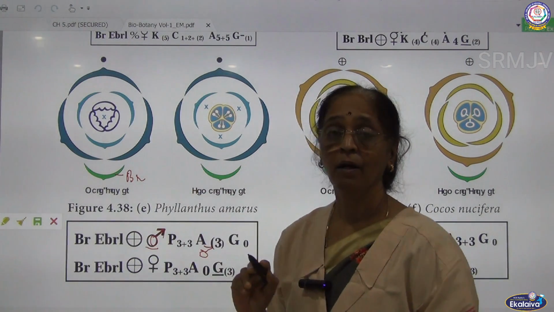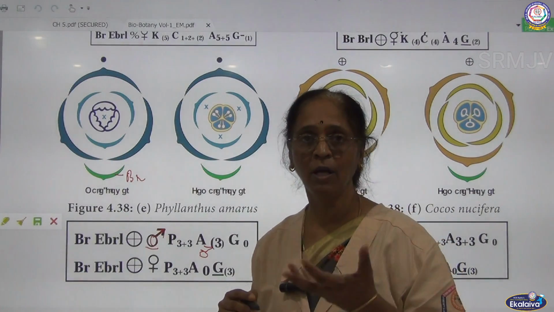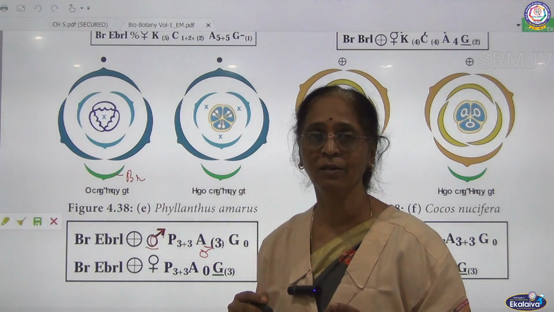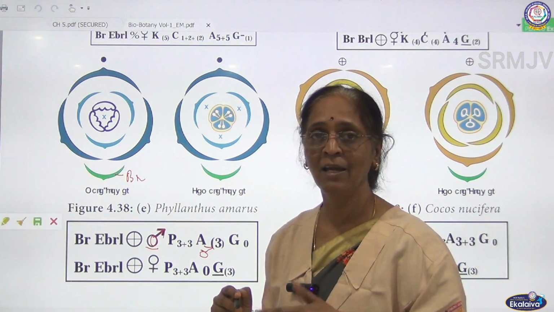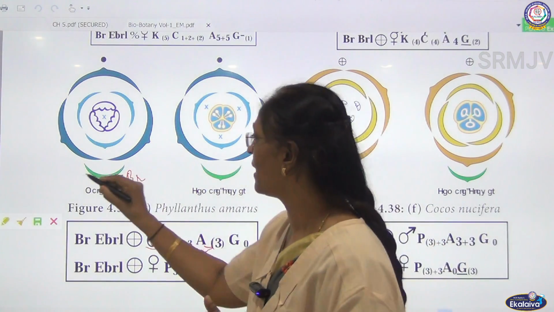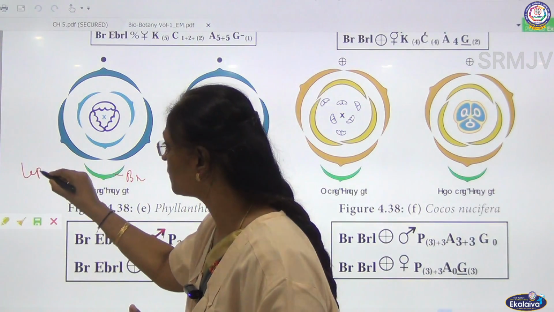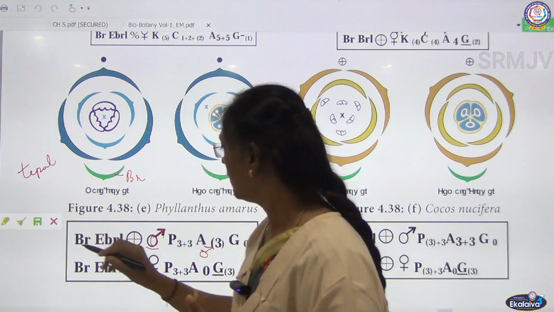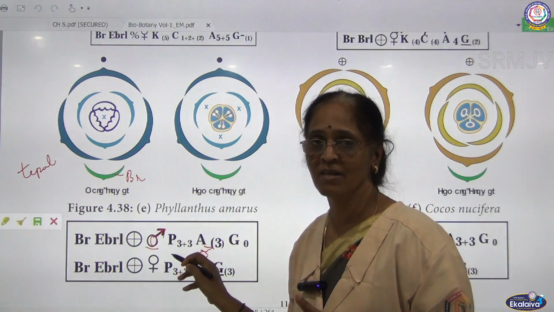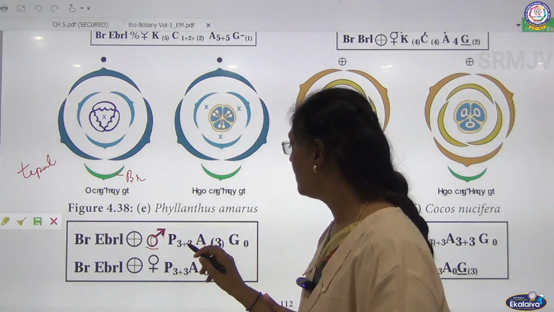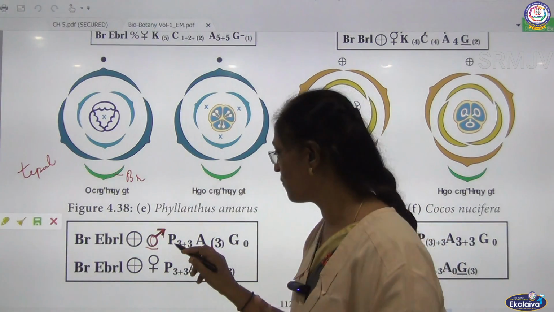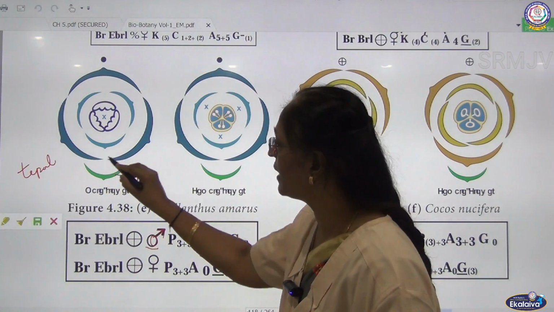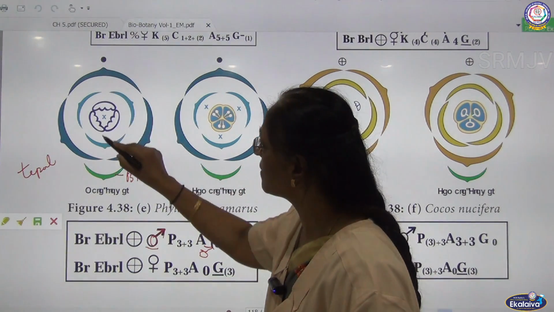And we said that if we are not able to differentiate the calyx and corolla, you call that whorl a perianth. That is the perianth, and each member of the perianth you call a tepal. So here you will find P is the representation for perianth, and how many are there? The perianth is there in 2 whorls of 3 plus 3. So you will find 1, 2, 3, and these are the other 3.